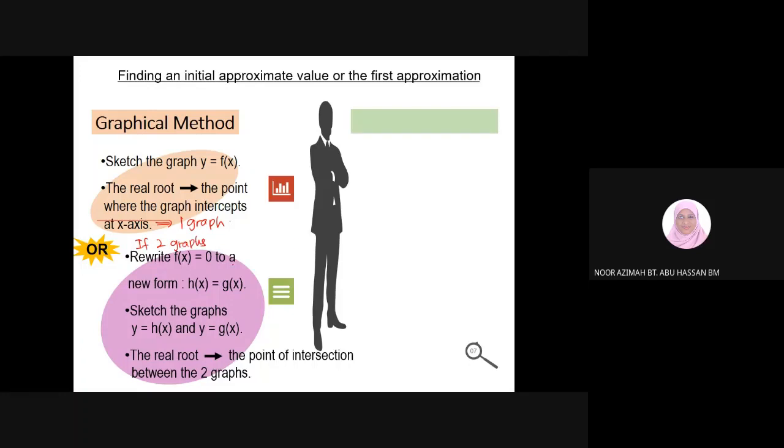If the second case, we have two graphs, it's not to say that we have two graphs. We have one equation, but the equation is a complicated equation. You are given one equation, this is f(x), which is a complicated equation.